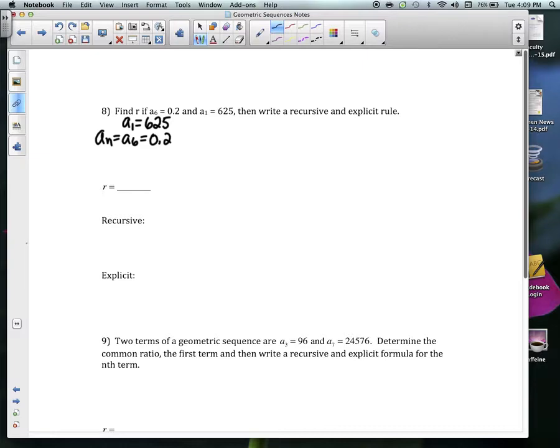The other thing you can determine from this is that your N is 6. So we'll plug everything into the formula.